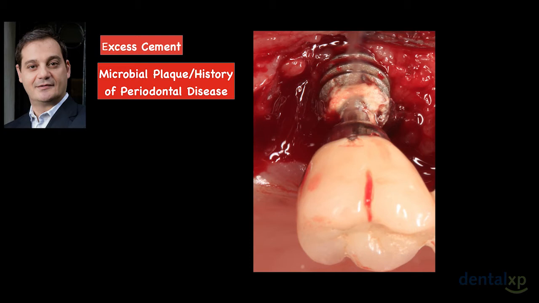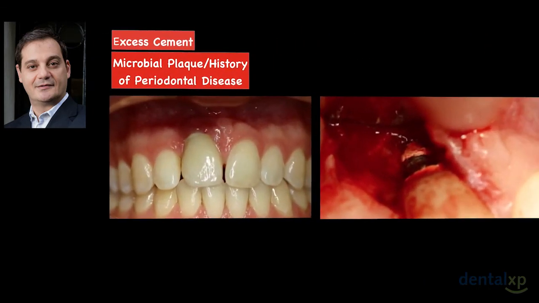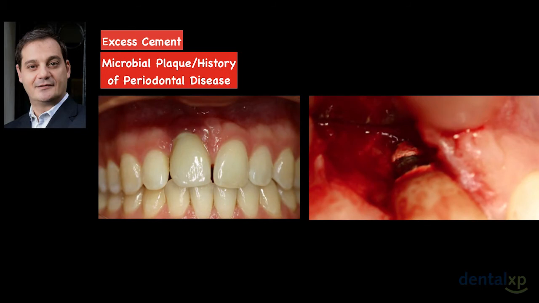And this is becoming a big problem, because most restorations nowadays are cemented restorations. There is a current trend right now to move back to screw-retained restorations to reduce the amount of excess cement. But this is something that we need to be aware of. And look at this, another case that shows the same thing.